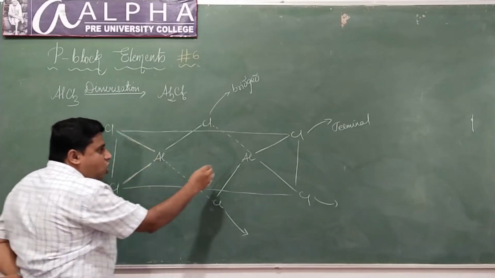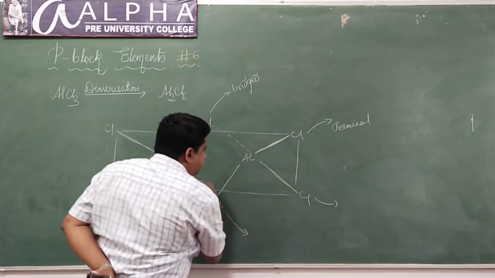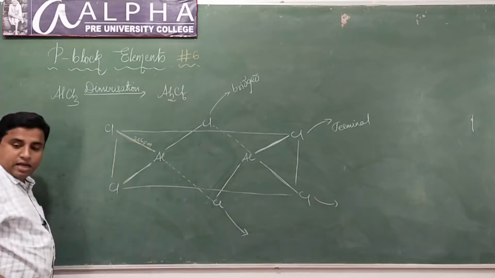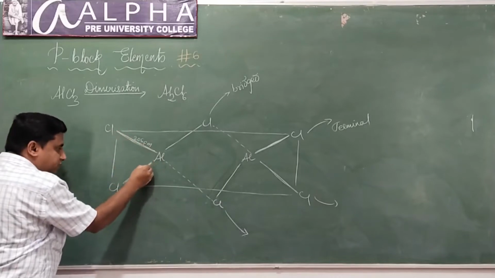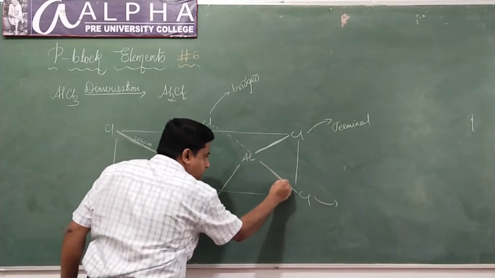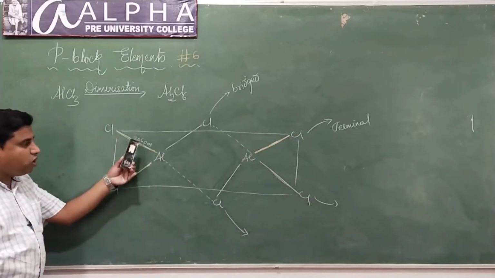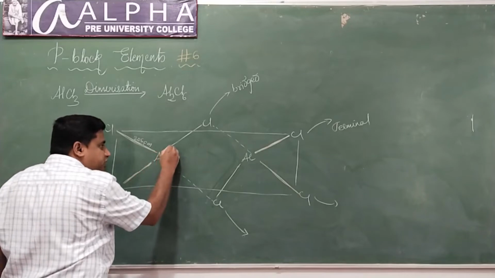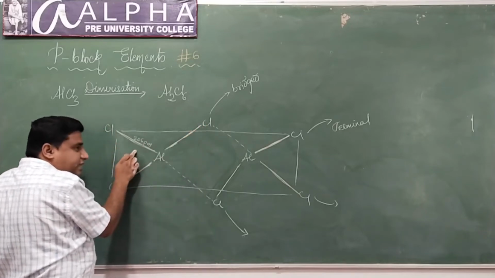See this, all these four bonds will be of equal length, that is, 206 picometer. Are you getting my point? All of them are equal, and they are equal to 206 picometer, whereas this bridged bond will be longer than this bond.